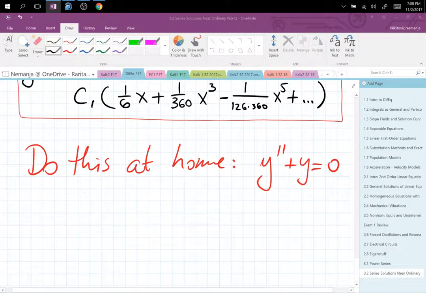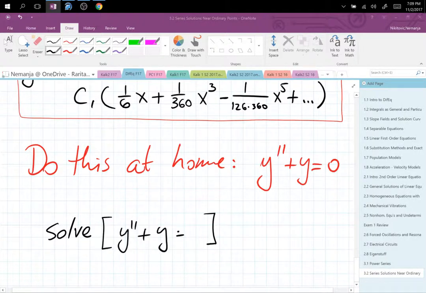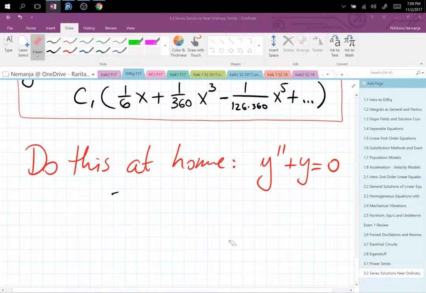Try Solve first, and you put these brackets and you just write the entire equation in there. And if that doesn't give you the answer you are looking for, you just put the word ODE, solve ODE, and then do the same thing. Mathematica will solve it, and it should show the steps and stuff.